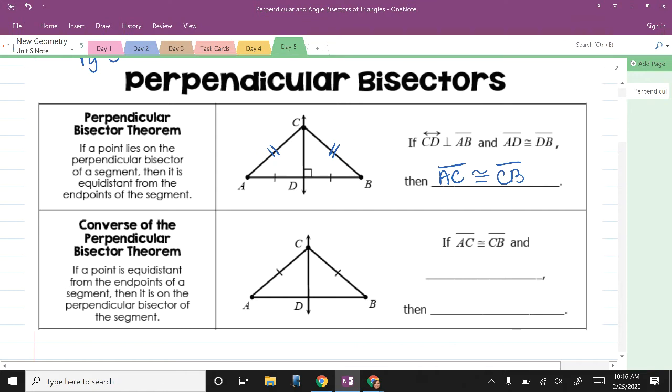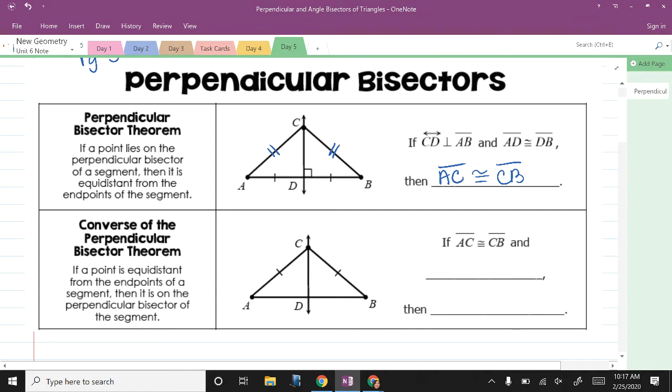All right, if a point is equidistant to two endpoints of a segment, so look, these are marked congruent, B is the same distance to C as A is to C, then it is on the perpendicular bisector of the segment. So that makes this a perpendicular line, and it makes these two segments congruent to each other. Are you with me?